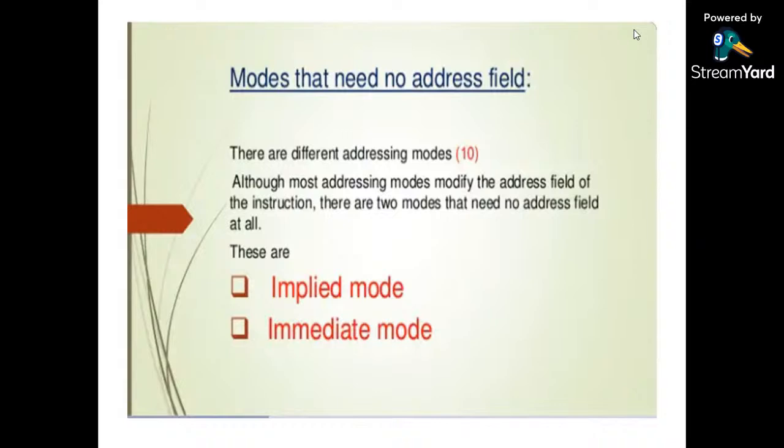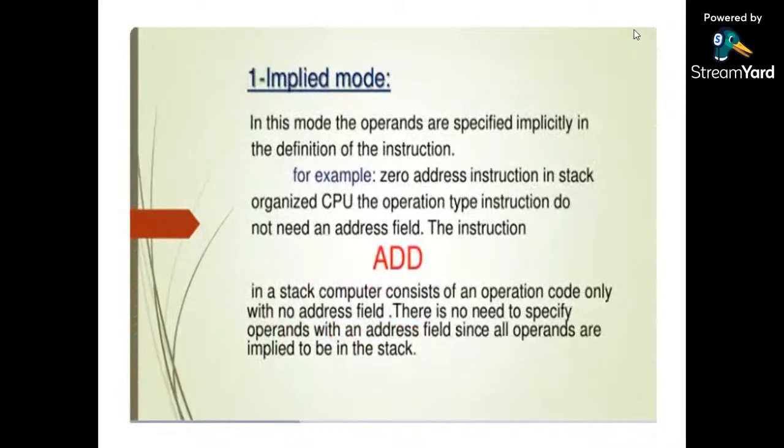The reason is that the values required for performing the operation are explicitly specified in the instruction itself. That is why no values in the memory or register are changed by these two addressing modes. Let us see.